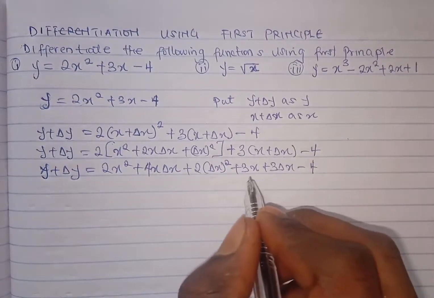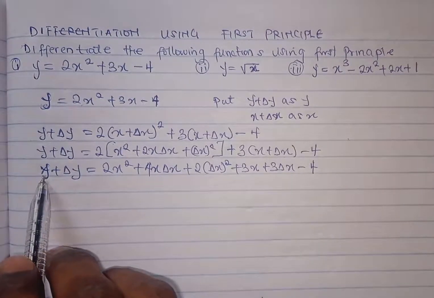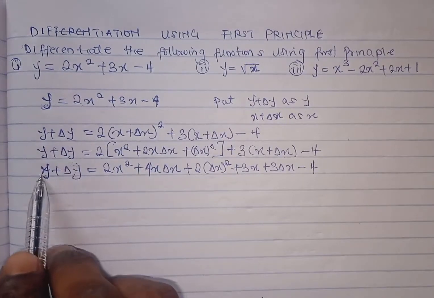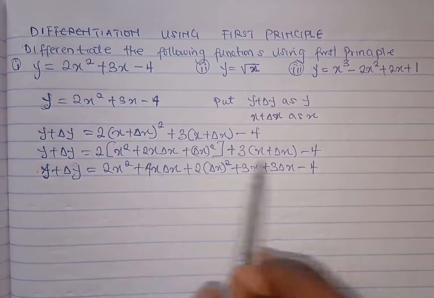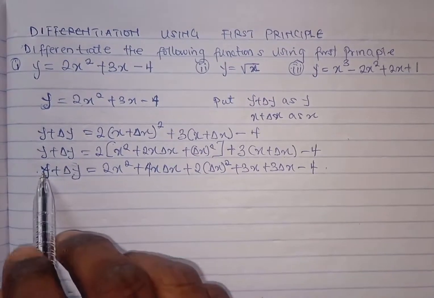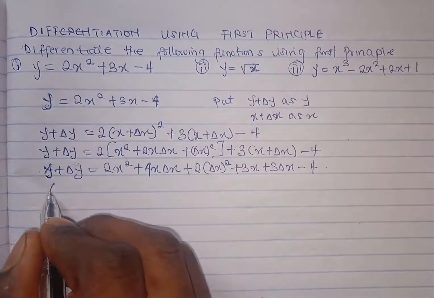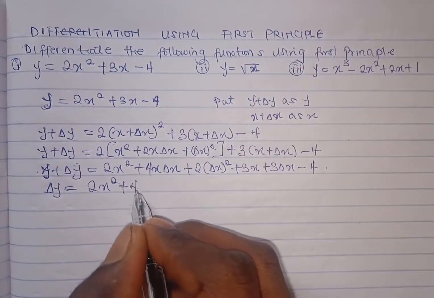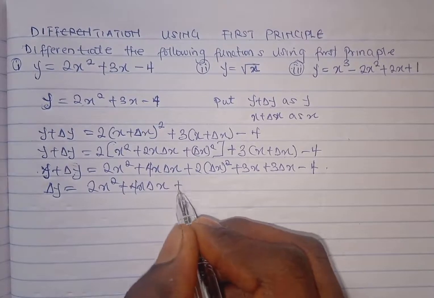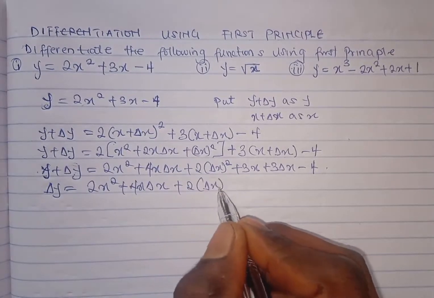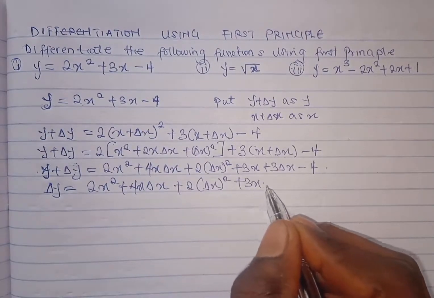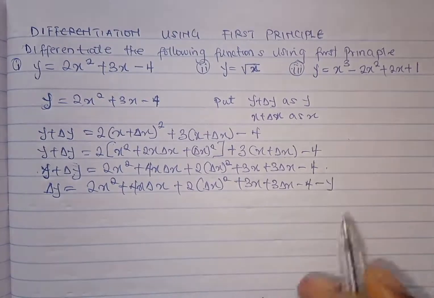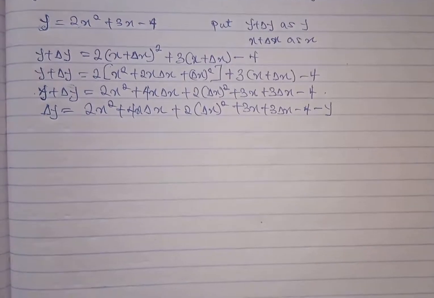The next thing you do is make sure you are left with only change in y on one side. So you subtract y from both sides, and it cancels out. You are going to have change in y equals 2x squared plus 4x change in x, plus 2 change in x squared, plus 3x plus 3 change in x minus 4, minus y.